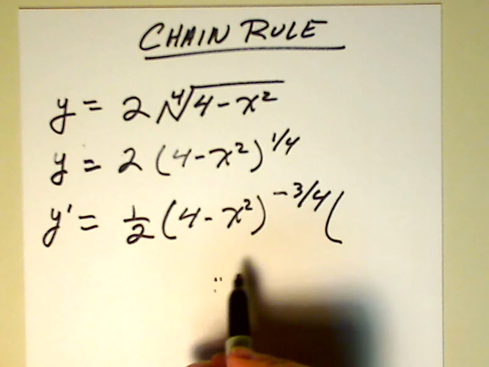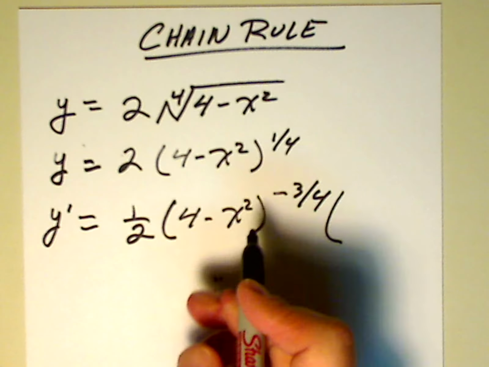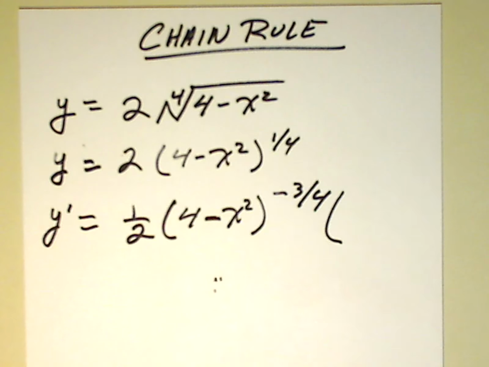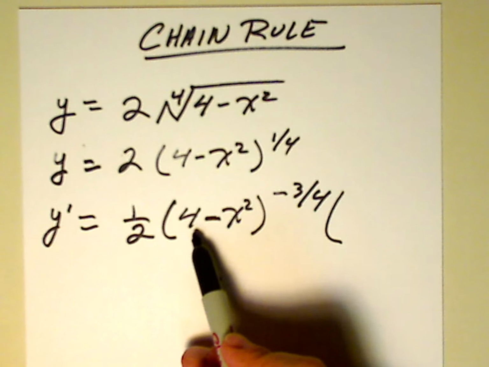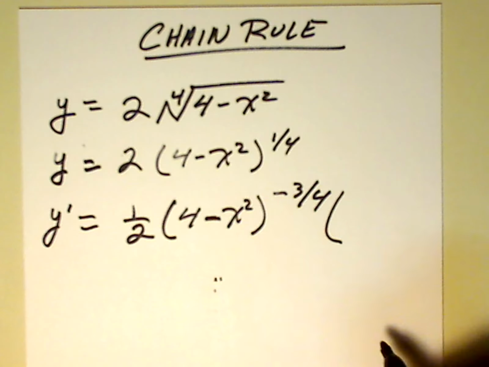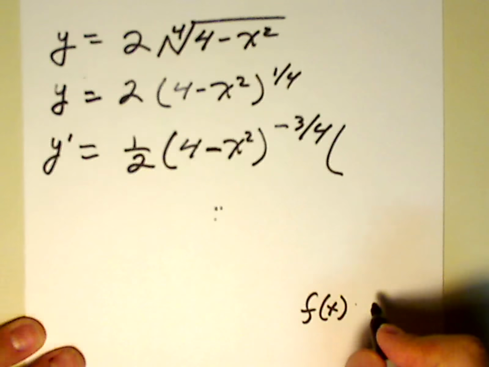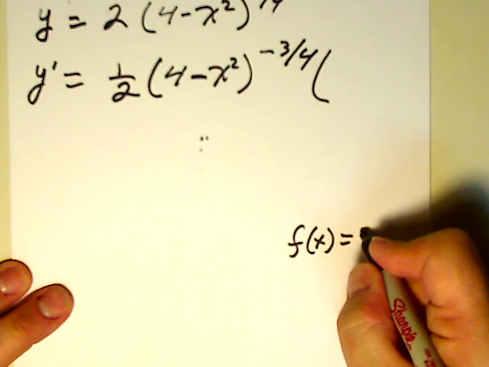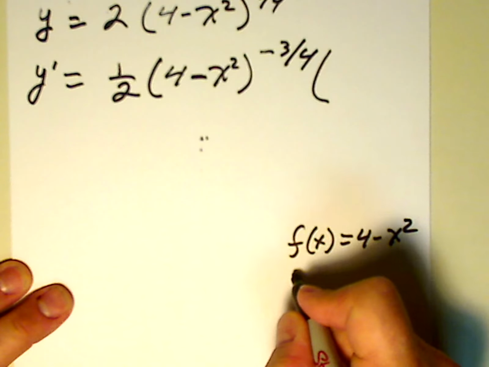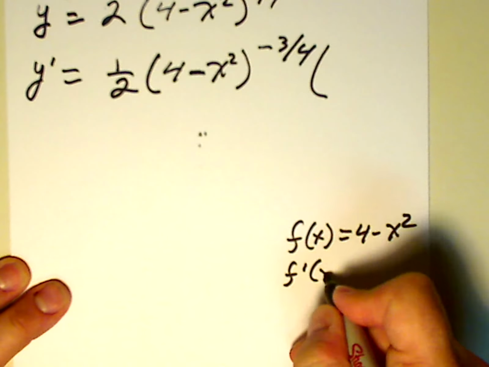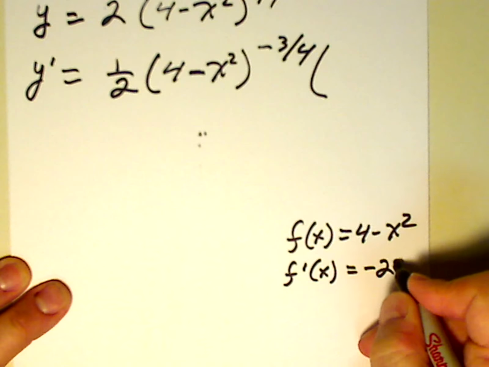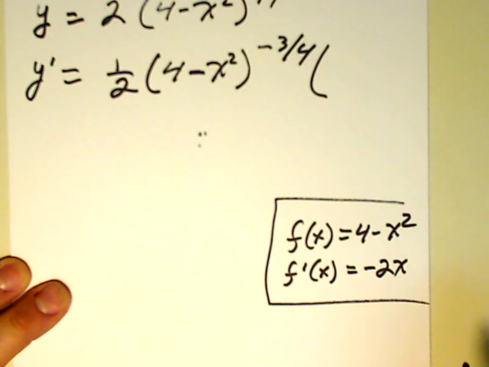And we're now going to multiply it by the derivative of this inside term. Well, the derivative of 4 minus x squared: f of x equals 4 minus x squared, then f prime of x is equal to negative 2x.